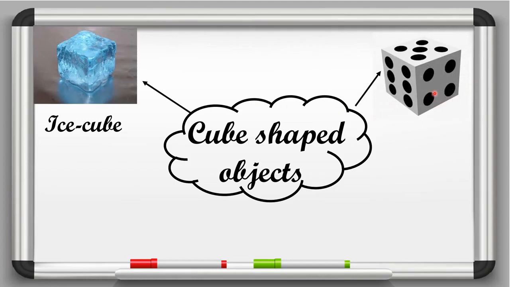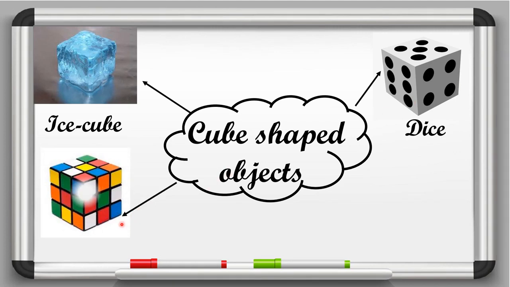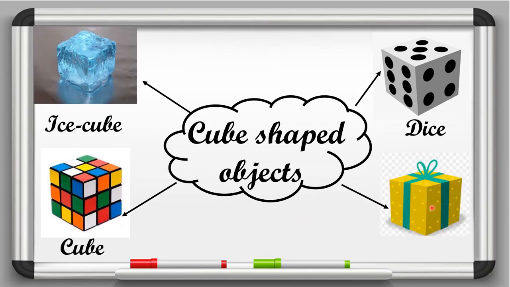That is dice. Now the next object is, yes, which object is this? This is a cube. And the fourth object is a gift. And which gift is this? Cube shape. Okay, cube shape gift is this.